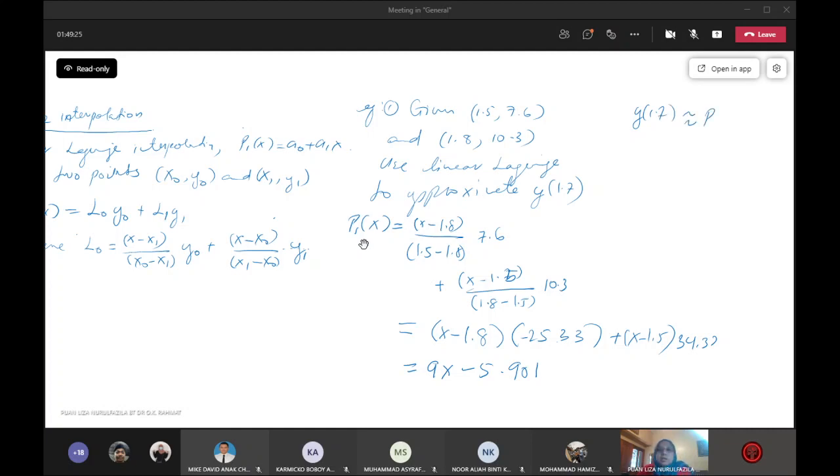So the approximation is P1(1.7), which is 9 times 1.7 minus 5.901, so you have 9.399. Okay, so that is your approximation value. So you don't have the value for 1.7, so we just approximate that y of 1.7 is 9.399.